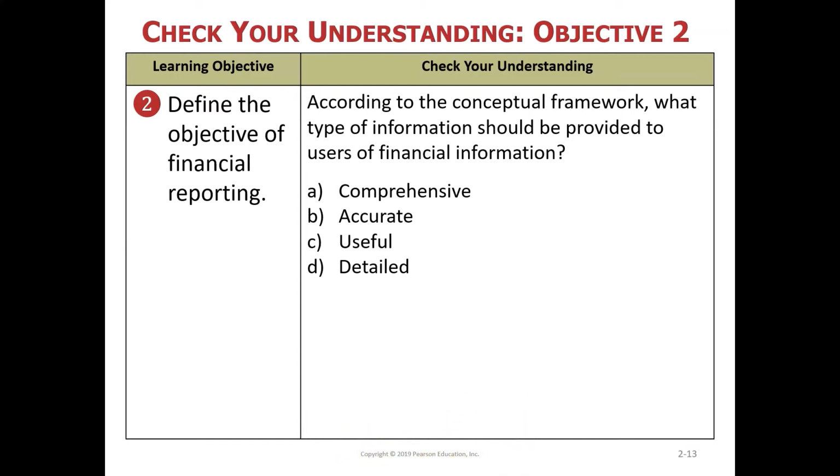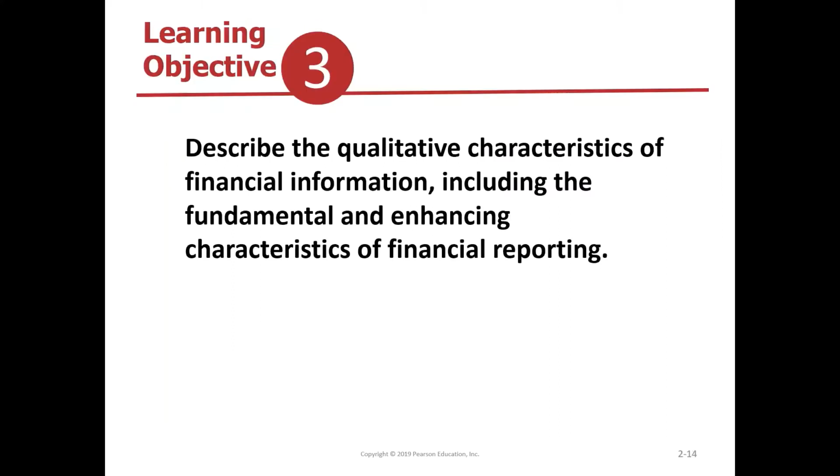Okay, so this is the end of Learning Objective 2, and we're getting into 3. Objective 3 is to describe the qualitative characteristics of financial information, including the fundamental and enhancing characteristics of financial reporting.